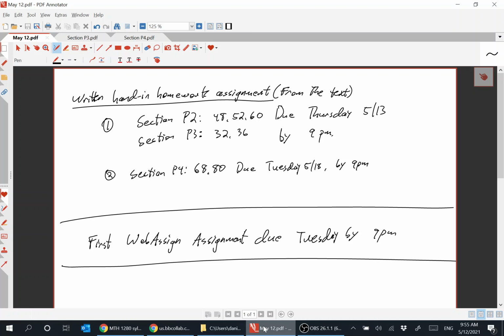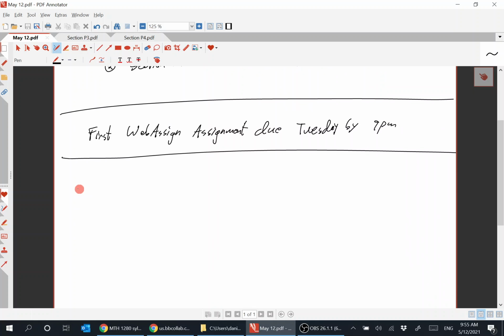Oh, how about 24? So practice problems in section P3, here's number 24, and there are three parts.